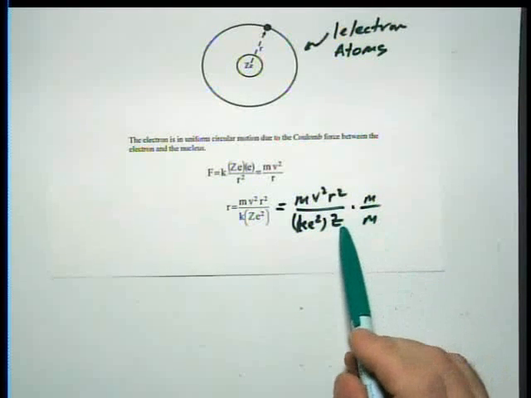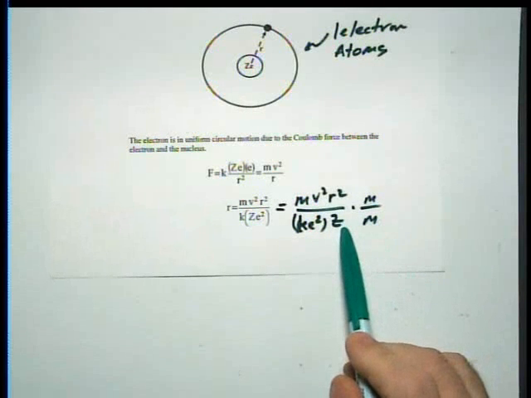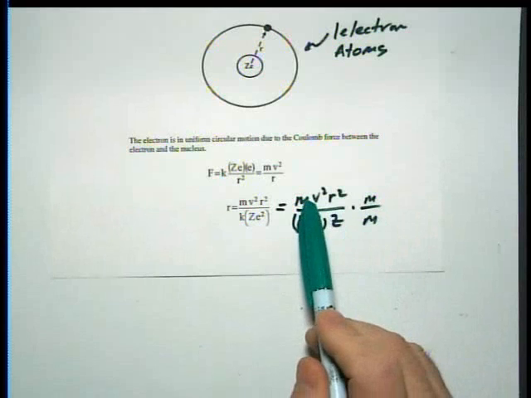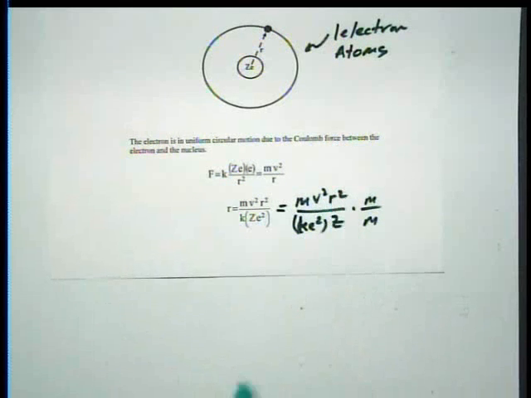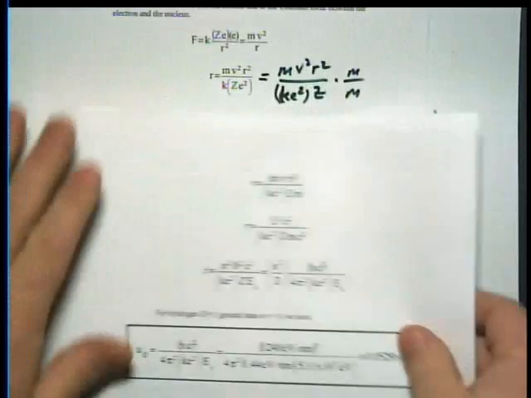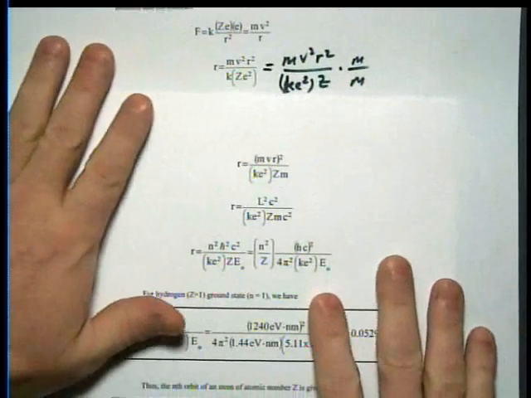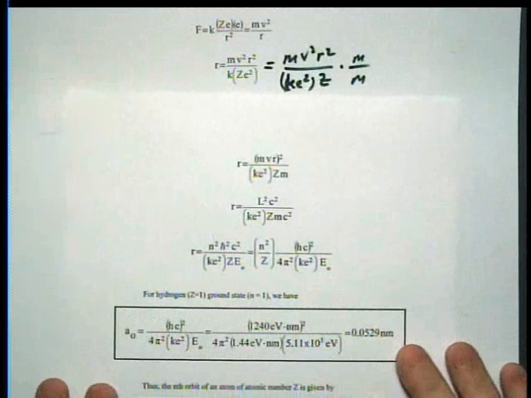Now he's going to put a mass on the bottom, but he knows the mass of the electron. And on top he's going to put m squared, v squared, r squared. And he's going to group them. And he does that.